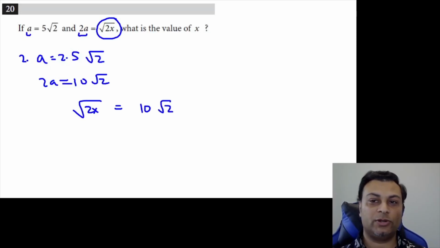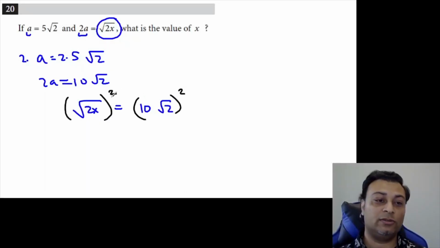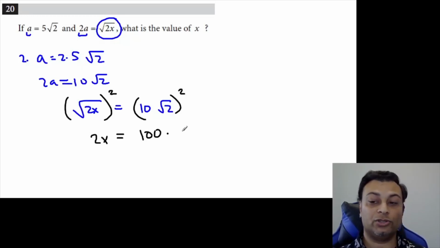What we'll do is we'll square everything. Square this side and square that side. When you square this, you just get 2x. The radical disappears. And this is 10 squared, which is 100, and root 2 squared, which is 2. And when you solve this, you divide by 2, you divide by 2, you get x equals 100. So the answer is 100.